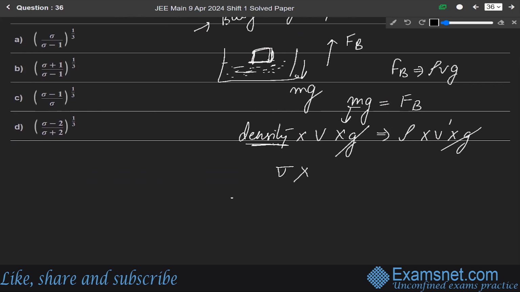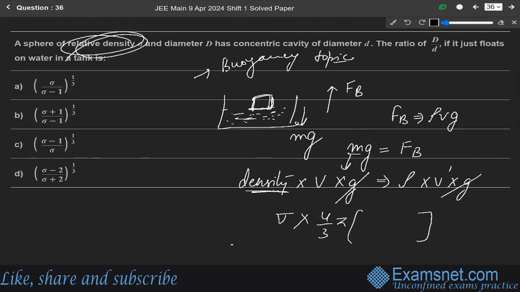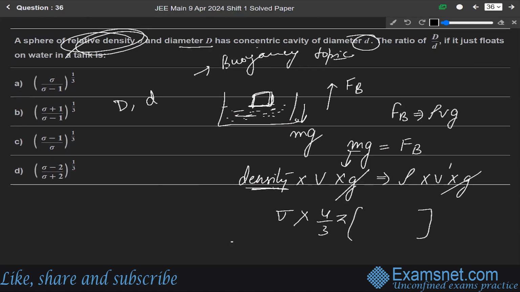So sigma into volume, which is 4/3 pi r cube. Now it is saying that it has a diameter D and a concentric cavity of diameter d. So we have diameter D, and here we have to write r cube. In place of r we will write r equals half of the diameter.